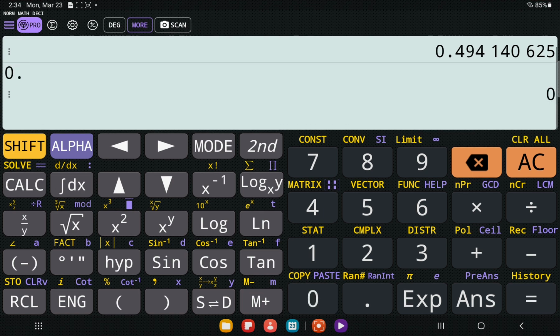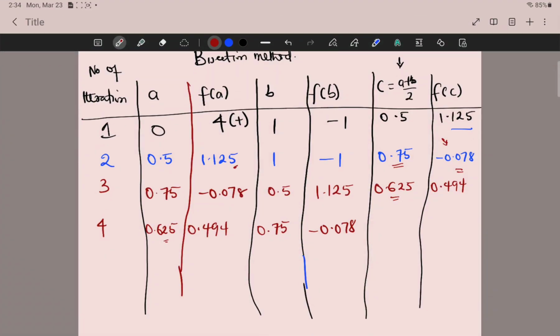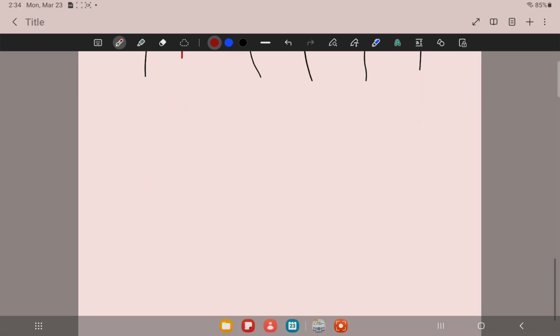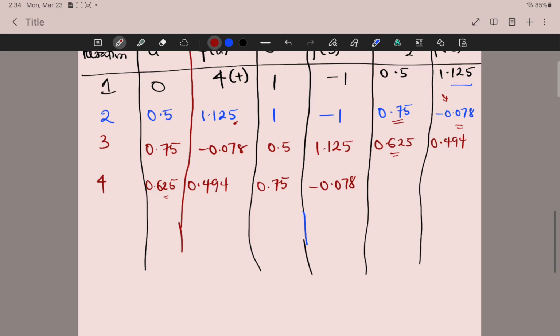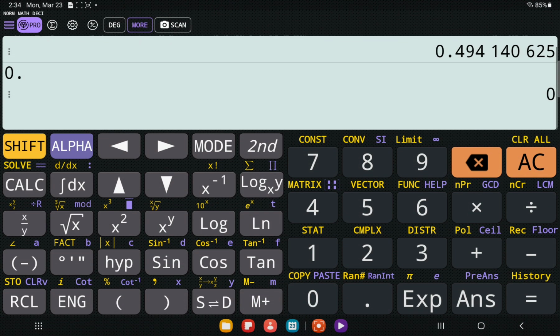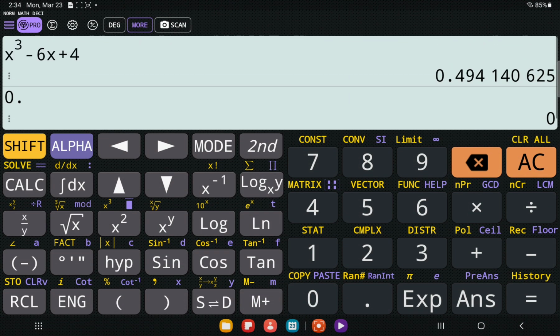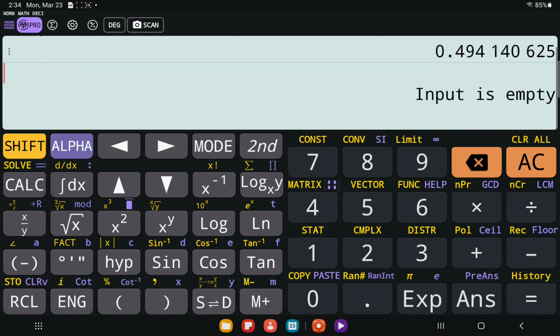Sorry, let me check that figure again. A is 0.625. So come here and write A is 0.625. Okay, calc for me at 0.625.